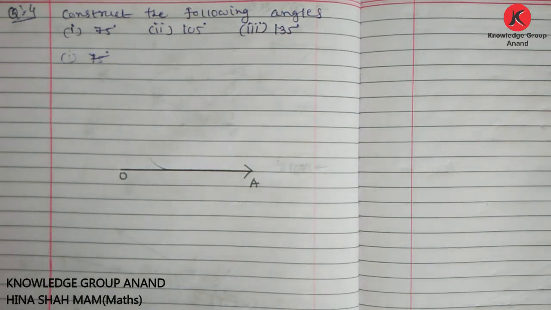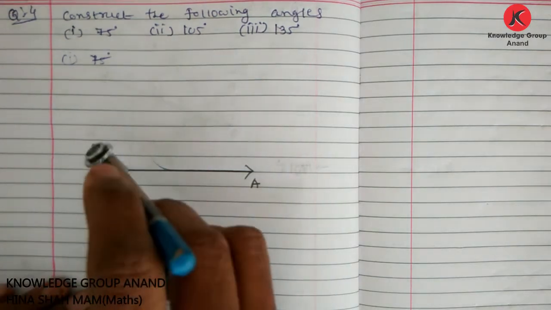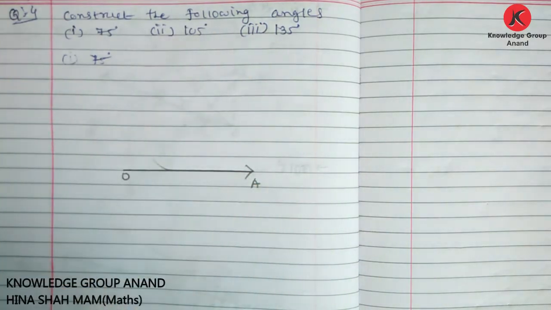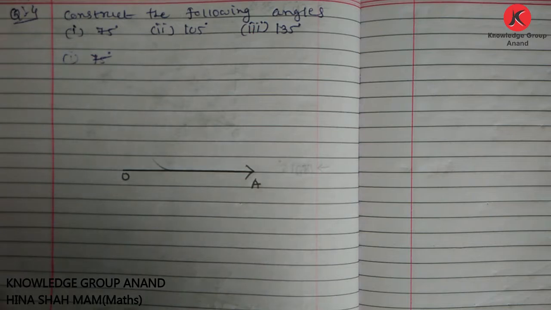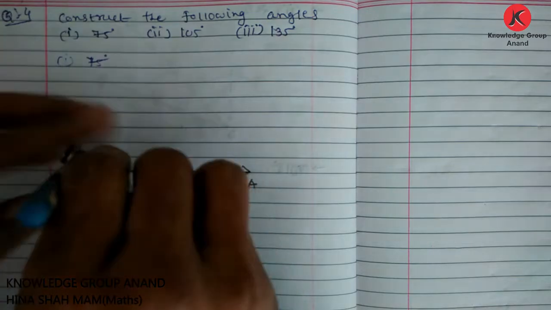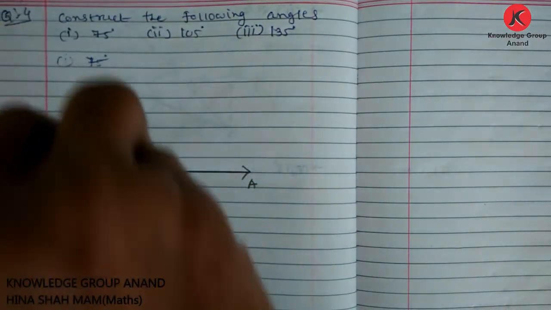Suppose 60 plus 90 is equal to 150, divided by 2 is equal to 75. Divide by 2, that means it's a bisector. First we draw angle 90, at the center O with any radius.